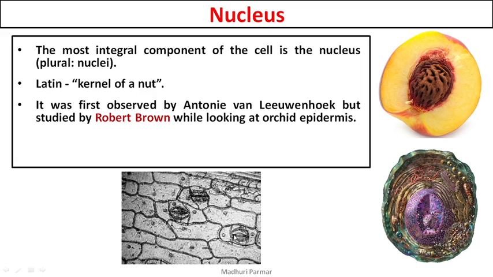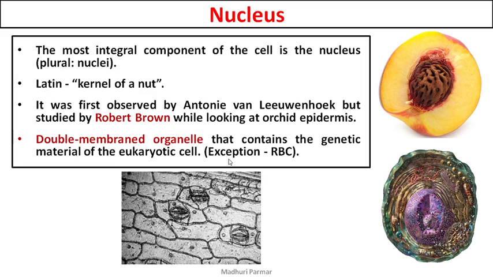On the epidermis, these things you are seeing are the stomata: the semilunar shaped guard cells, and the pore in between is the stomata. When he was looking at this, he found these round small structures, which he called nucleus, and that is how he studied these organelles called nucleus.